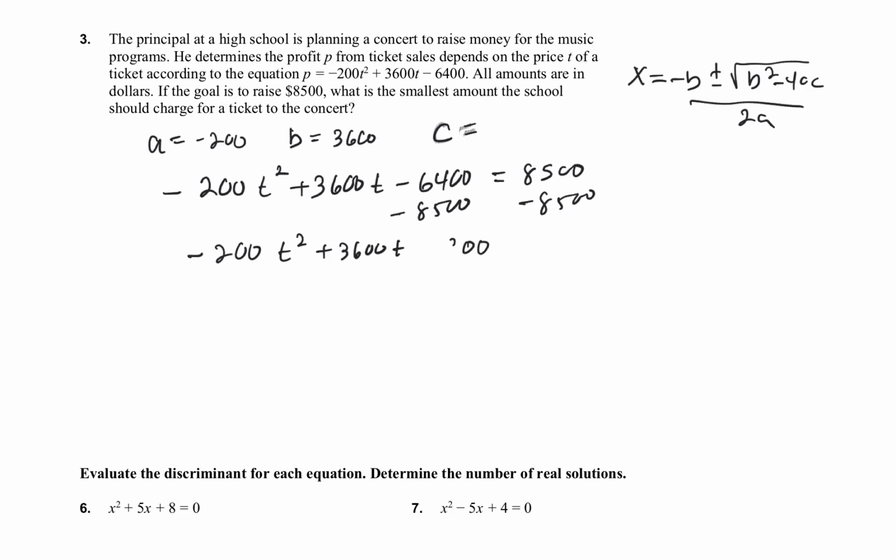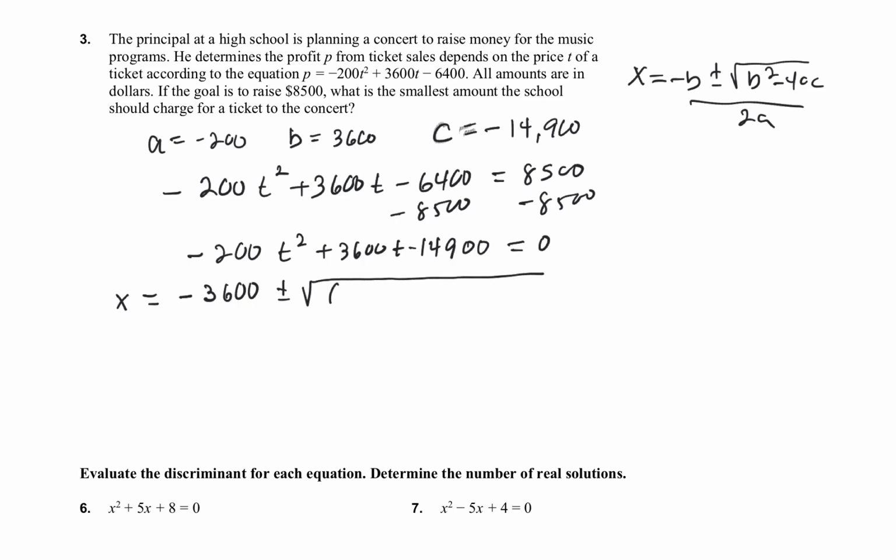6,400 plus 8,500 is 14,900. So it's negative 14,900 equals 0. So that's the value c, negative 14,900. I'm just going to substitute. So we have negative b. So x is equal to negative b, which is negative 3,600 plus or minus square root.